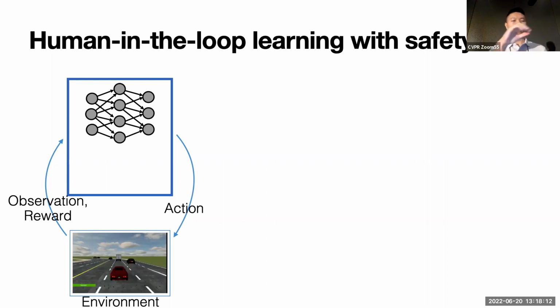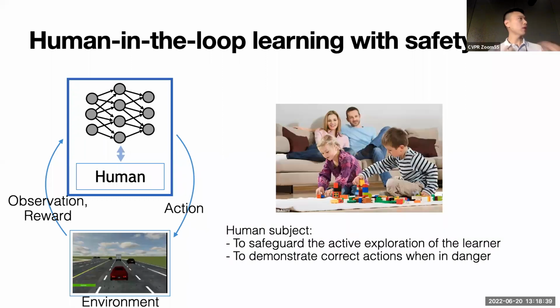So for this kind of agent and environment interaction, besides the agent and environment, we also can include the human in this loop. Originally, reinforcement learning only has this iterative interaction between the learning agent and the environment. So there is no safety guarantee. So right now we include the human in this learning loop. Then this human subject can help us safeguard the active exploration of the learner.